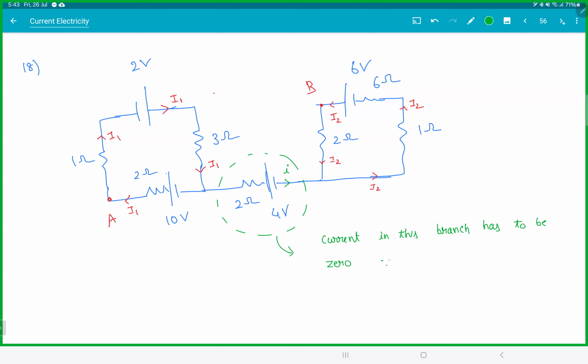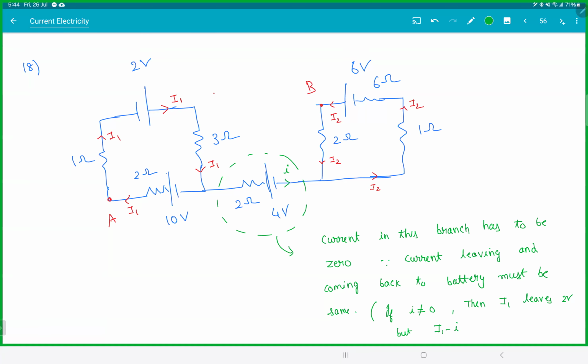Since current leaving the battery must be equal to current coming back to the battery, if I is not 0, then I1 leaves the 2V, but I1 minus I returns.